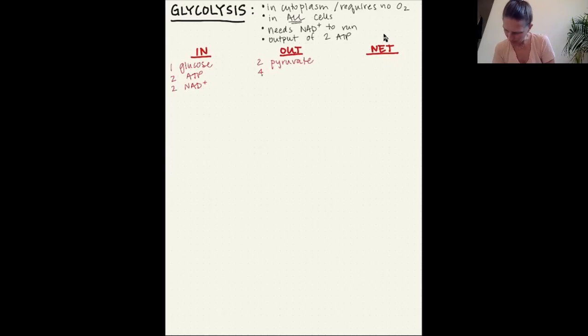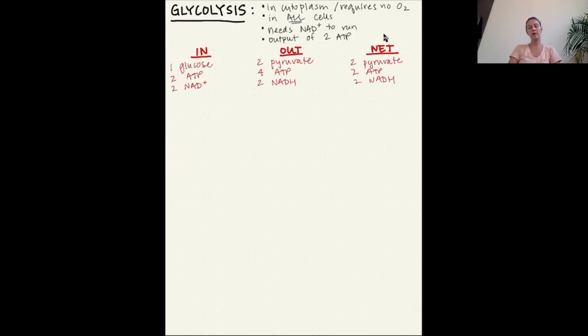We're also going to get 4 ATP out, and we're going to get 2 NADH out. So really the net overview in glycolysis is that we have 2 pyruvate, 2 ATP, and 2 NADH.